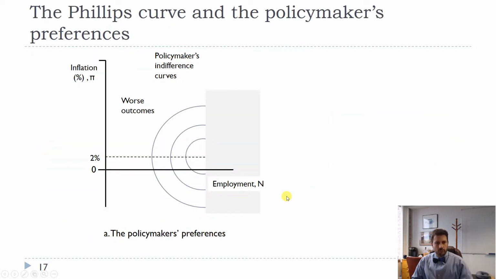So if we think about central banks, they don't want too much unemployment, right? And so unemployment, remember, is increasing to the left. And they don't want too much inflation, and they don't want deflation, right?